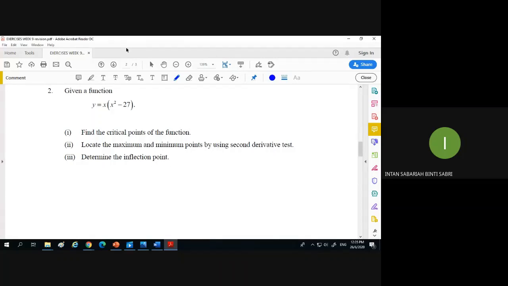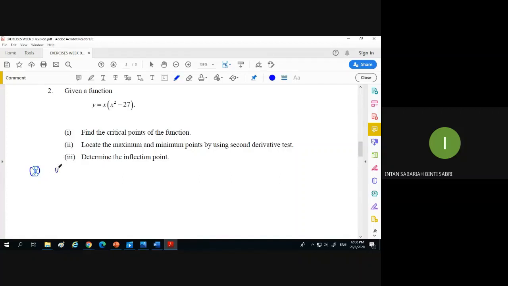Alright, let's see the critical point first. How to find the critical point? For the critical point we use the first derivative. To find the nature, then we use either the second or the first derivative test. For the critical point, we use only the first derivative. Find the critical point of the function.